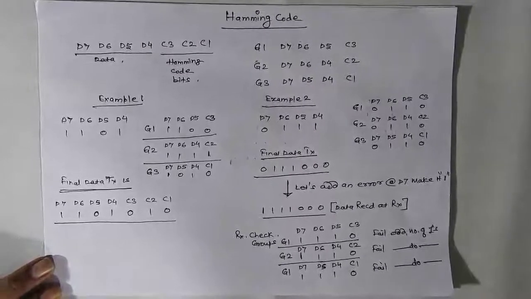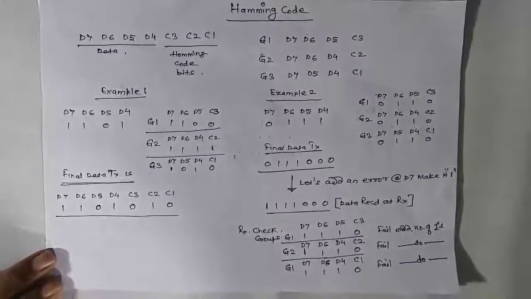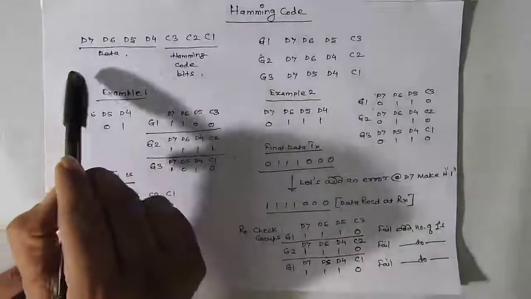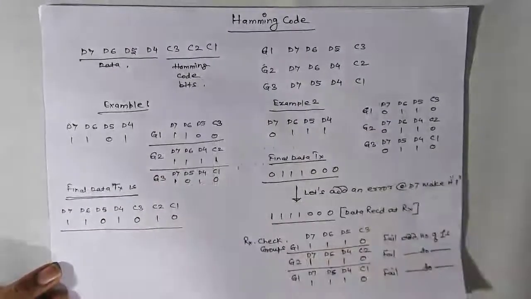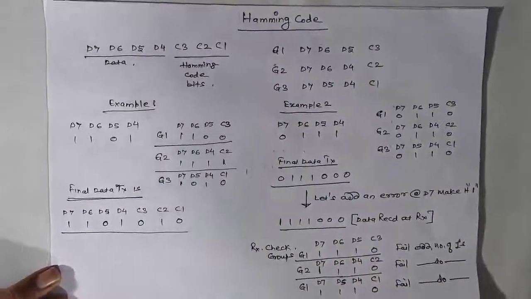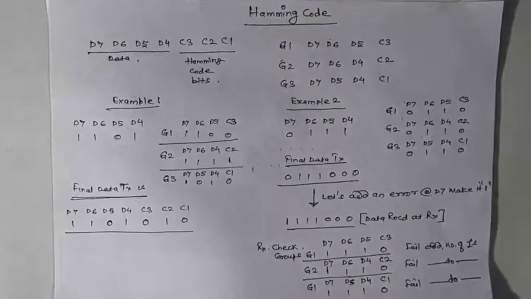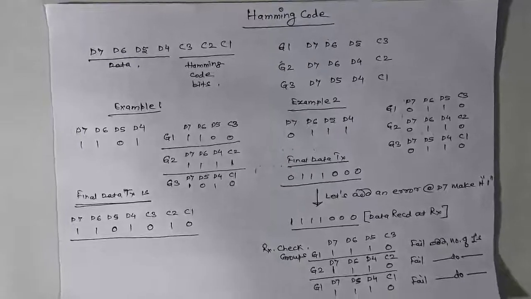So this is the structure of the data stream, which will have 7 bits. Out of those 7 bits, 4 bits will be used for data and 3 bits will be used for the Hamming bits.